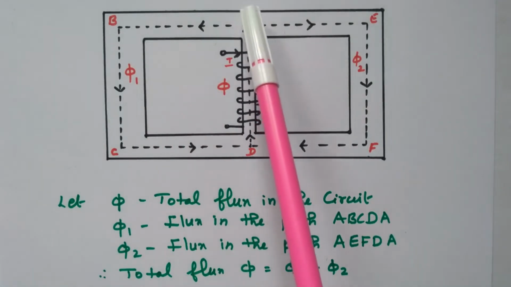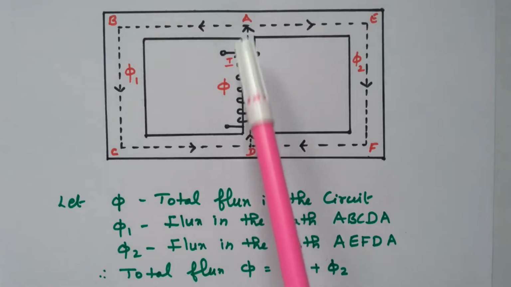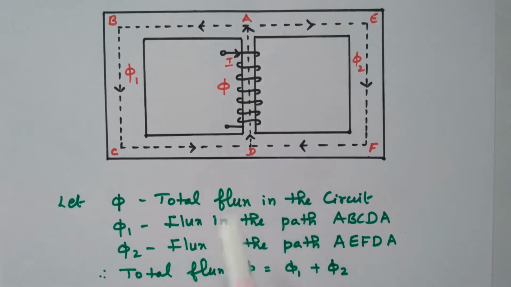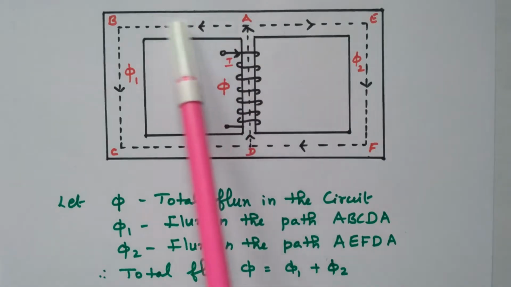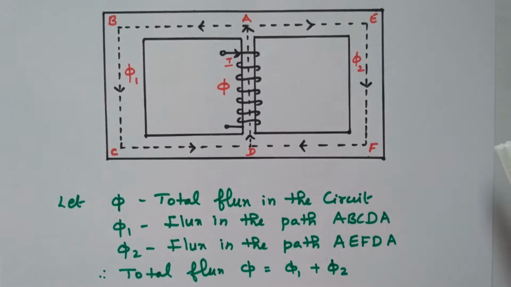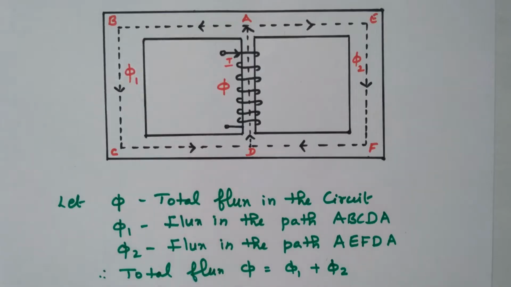So in the part AD, the common part, the exciting coil is available and the total flux is available. At this point the flux is diverted. On this side the flux will be pi 1, on this side the flux will be pi 2. So A, B, C, D, A has the flux pi 1, and A, E, F, D has the flux pi 2.